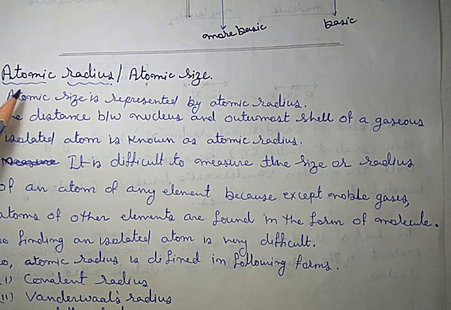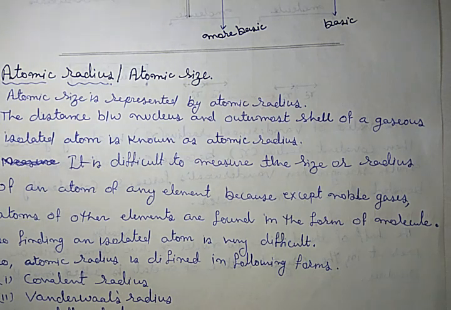One topic, atomic radius or atomic size, we discussed earlier, but there are some points related to that. I am considering it here separately, because if we considered it there, then our topic, periodicity, would be disturbed. Now discussing atomic radius or atomic size. Atomic size is represented by atomic radius.